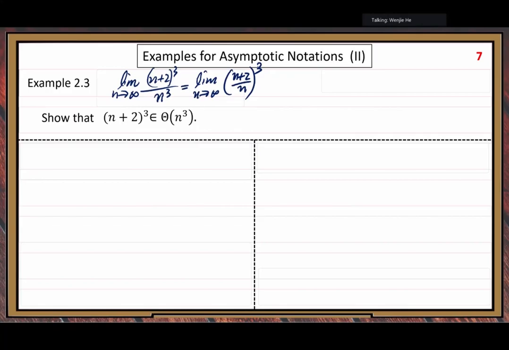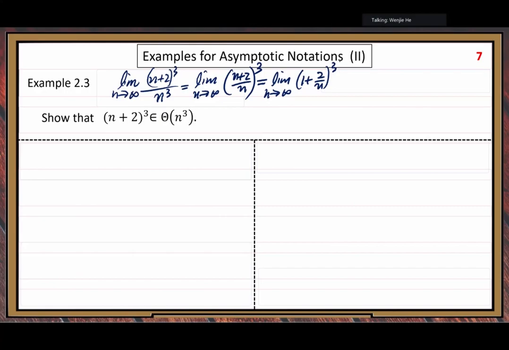We do the fraction first, then the cube. Let us simplify: (1 plus 2 over n) cubed.